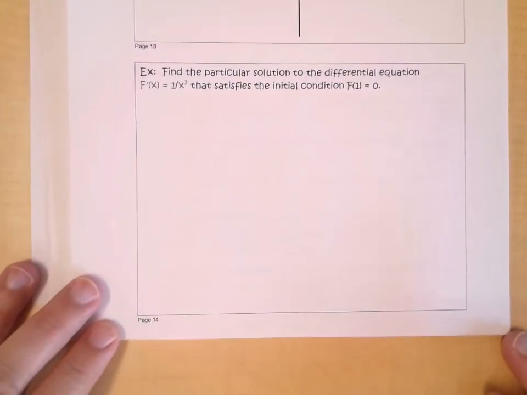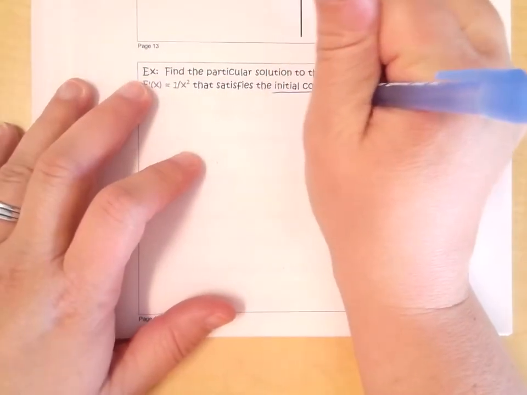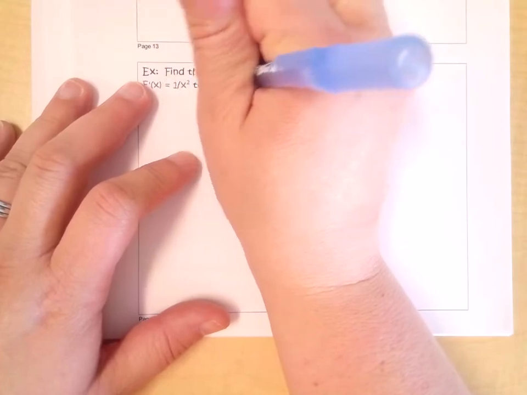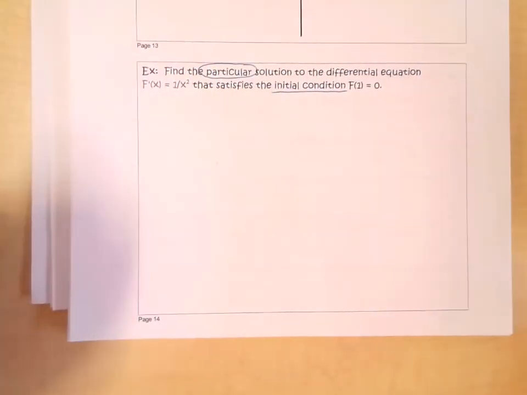How is this next example different from the ones that we've talked about up to this point? What word do you see differently here that might stand out? Initial condition. That goes hand in hand with what? Particular solution. Not to be confused with general solution.